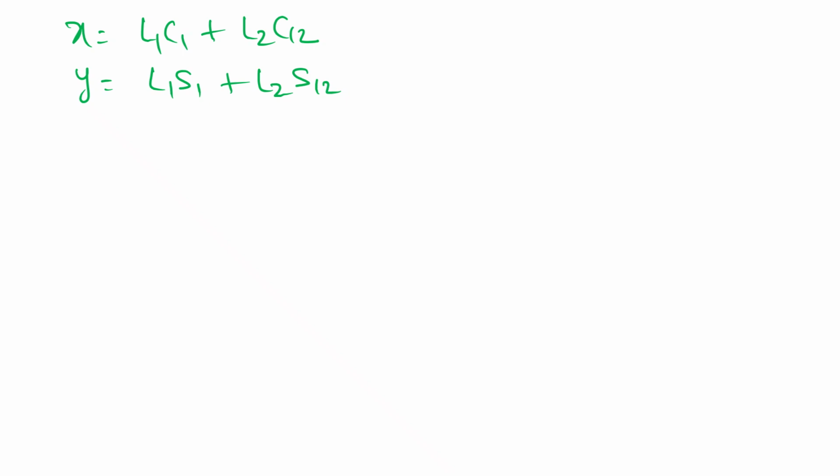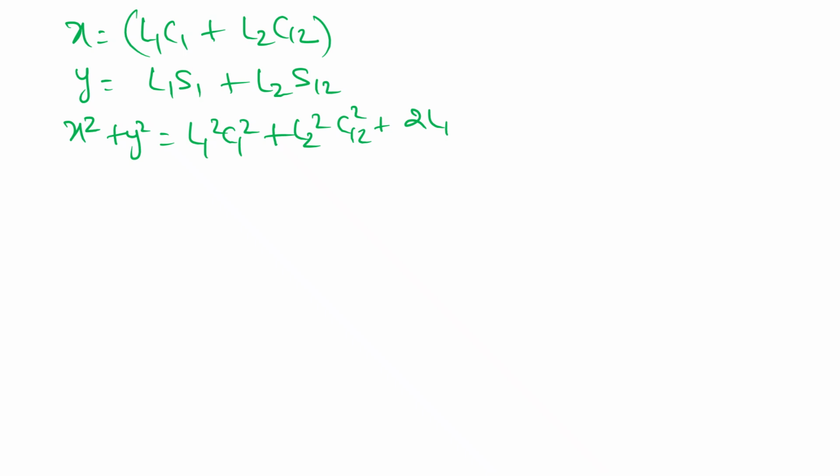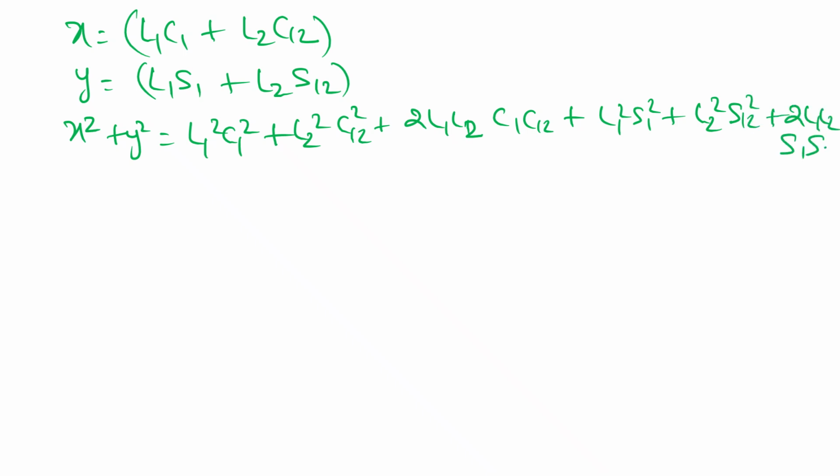Now we are going to square both and add them. Let me square this: x, the whole thing, whole square. It is L1 square C1 square plus L2 square C12 square plus 2 L1 L2 C1 C12. Plus the next term, L1 square S1 square plus L2 square S12 square plus 2 L1 L2 S1 S12.